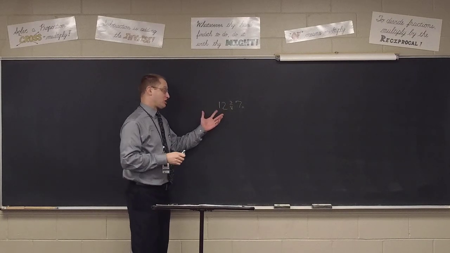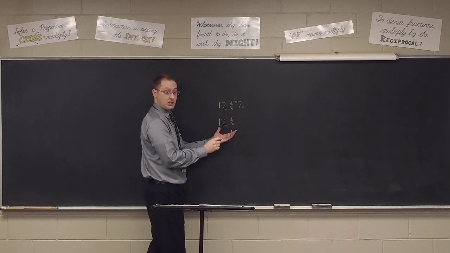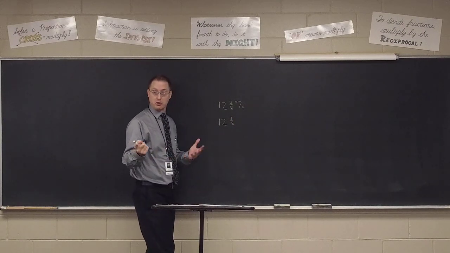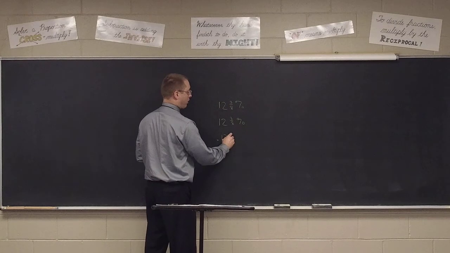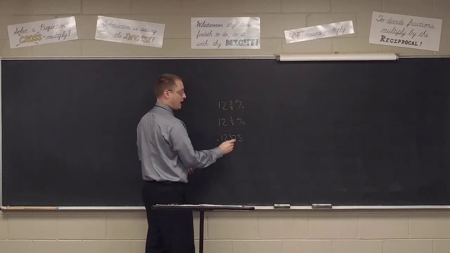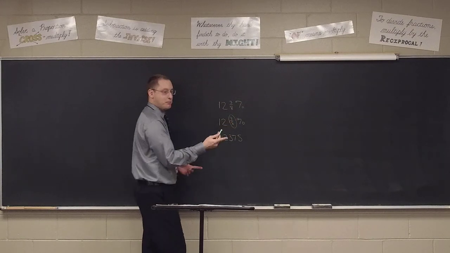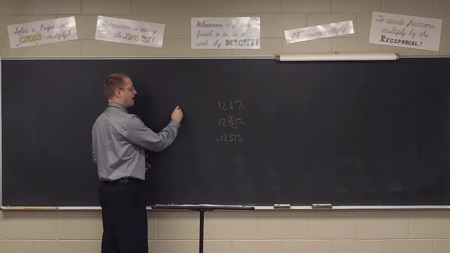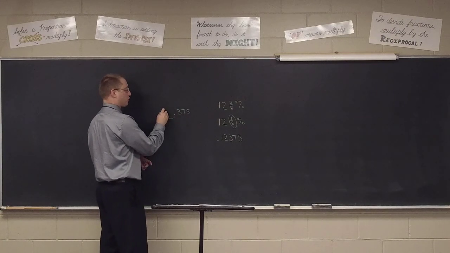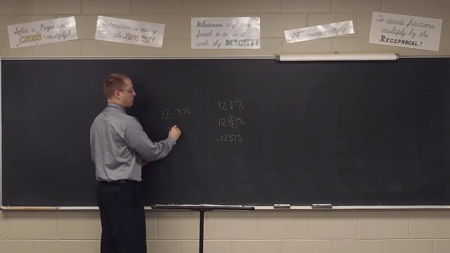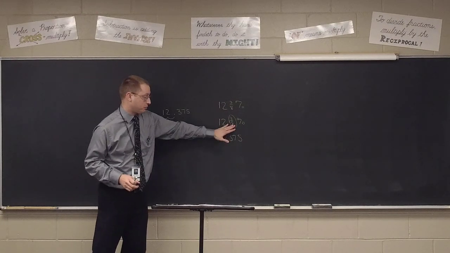Well, you could type in 12 and 3/8 using the fraction feature, and then percent, I believe, on most of your calculators is a second function, and it would automatically go 0.12375. Or, if you're like, that sounds way too complicated, do 3 divided by 8 on your calculator to get 0.375, and then realize when you move the decimal twice, that'll be 0.12375. So there's a couple ways your calculator can help you with these fractional percents.